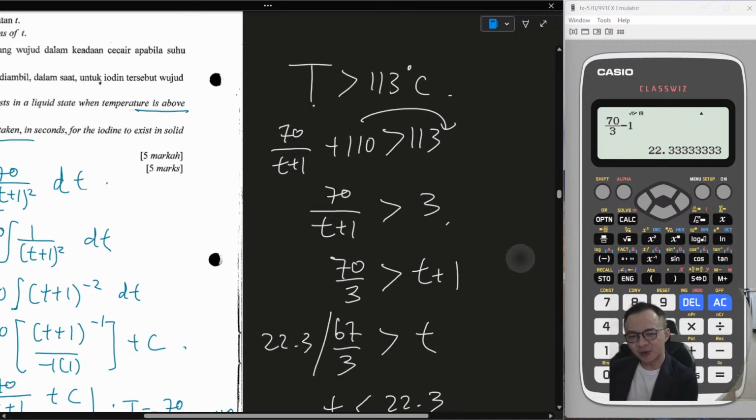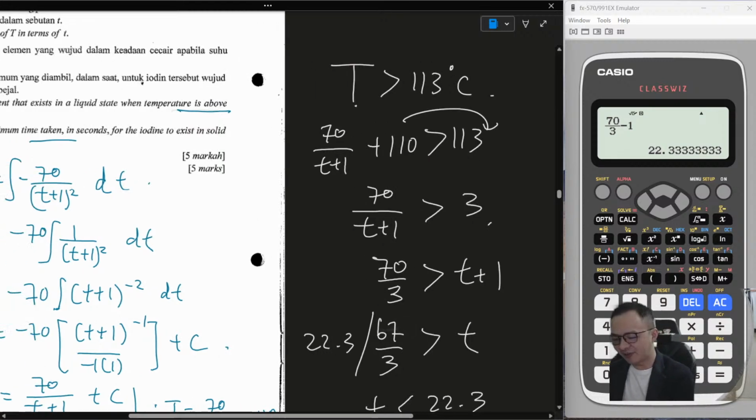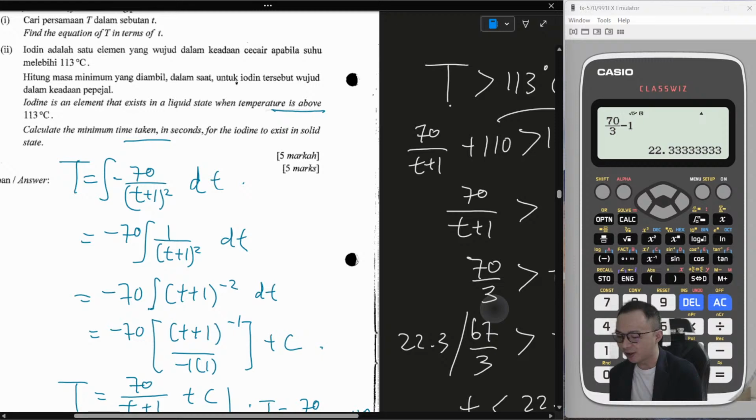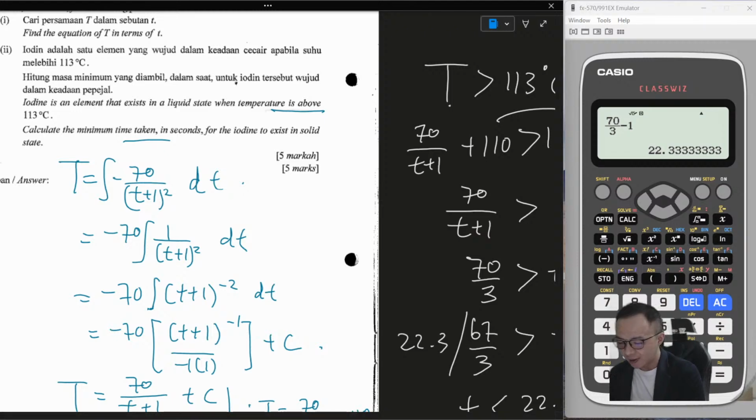So 70 over 3 will be less than T plus 1. But why? Because of what logic? I don't divide by any negative value. If I divide by a negative value, I will swap the inequality sign. It says an element exists in a liquid state when the temperature is above 113.